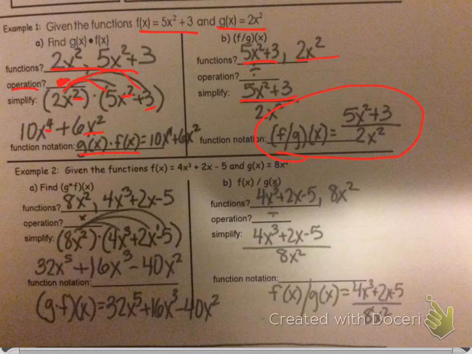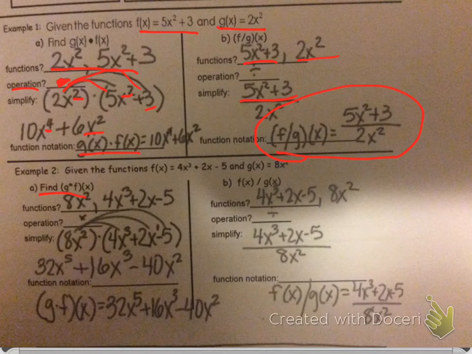Example 2, given the functions f of x equals 4x to the third plus 2x minus 5 and g of x is 8x squared. First we multiply g times f of x here. So we got 8x squared times 4x to the third plus 2x minus 5.